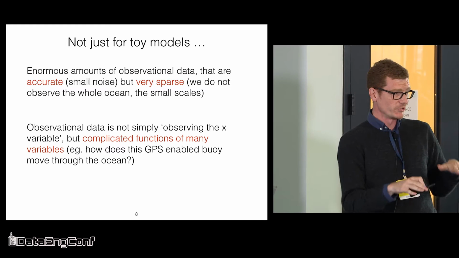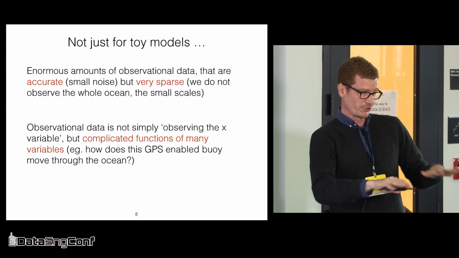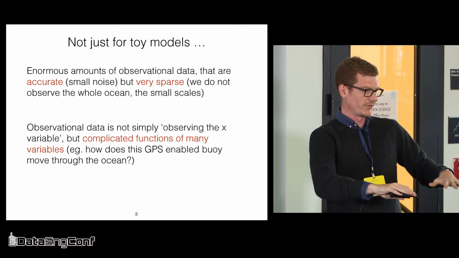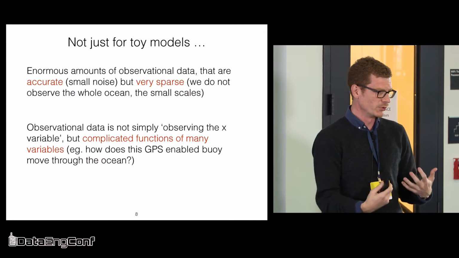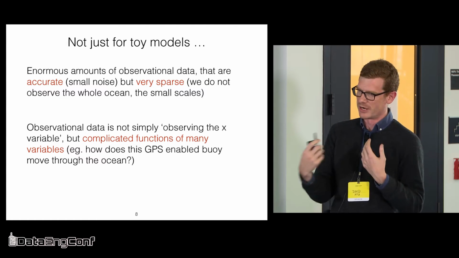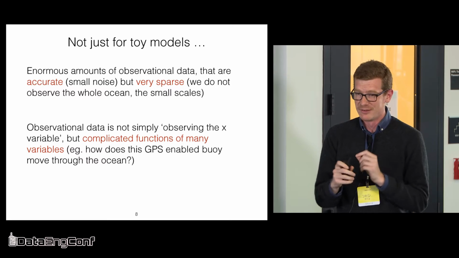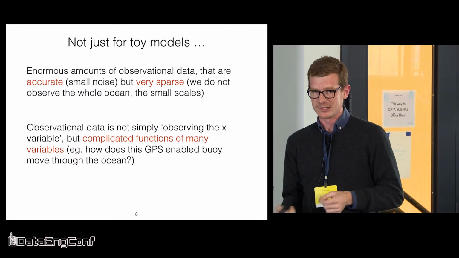You have satellite images that take low-resolution images of the Earth. It's not a great data point because there's clouds and things that get in the way of the stuff you really want to see. So it's obscured, it's sparse, it's noisy. But we want to try and combine this extremely sparse, very diverse amount of data with the model.